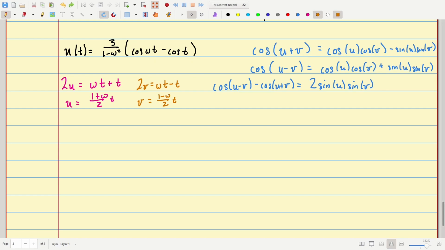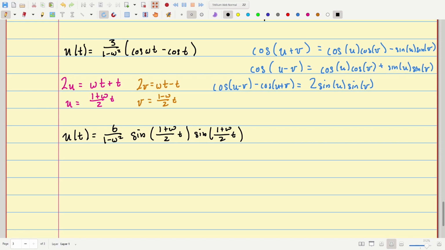Okay, we care about doing that because now I can write u of t as 6, because we pick up a factor of 2, over 1 minus omega squared times sine of (1 plus omega) over 2 times t, times sine of (1 minus omega) over 2 times t.